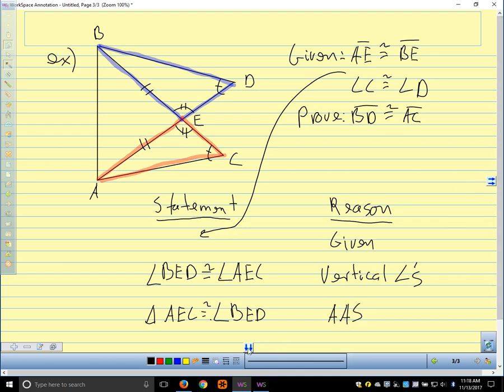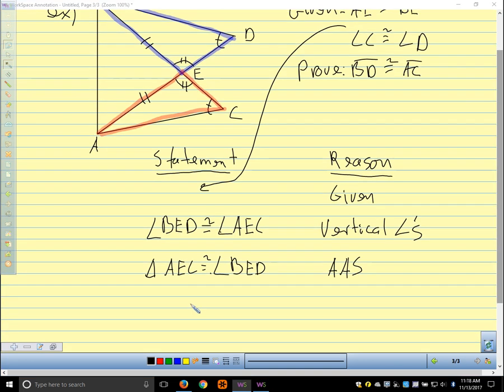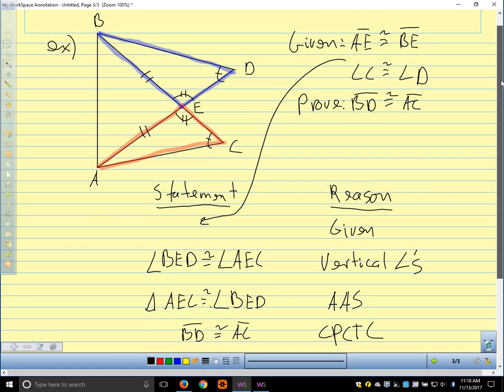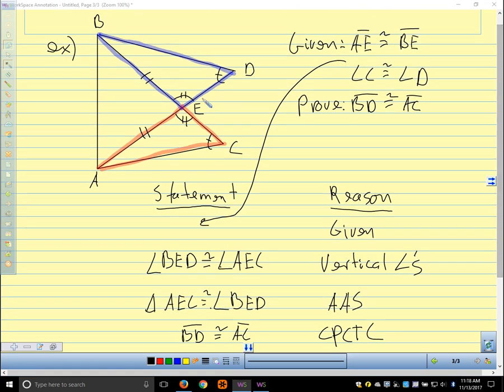And then because of CPCTC, I can say BD is congruent to AC by CPCTC. So for this particular problem, it looked like we had overlapping triangles, but the overlapping triangles weren't the ones that were important for the information that we had and that we were interested in. Okay, questions? All right.